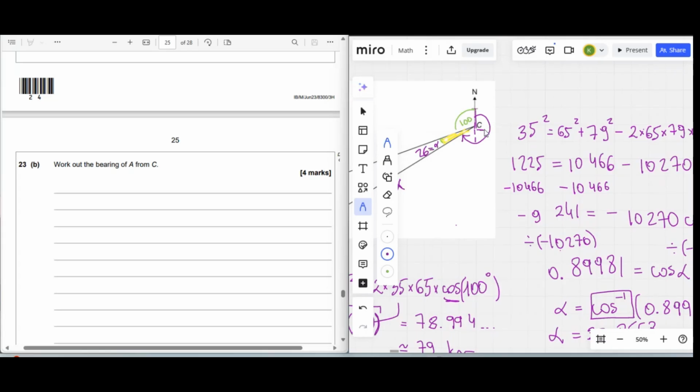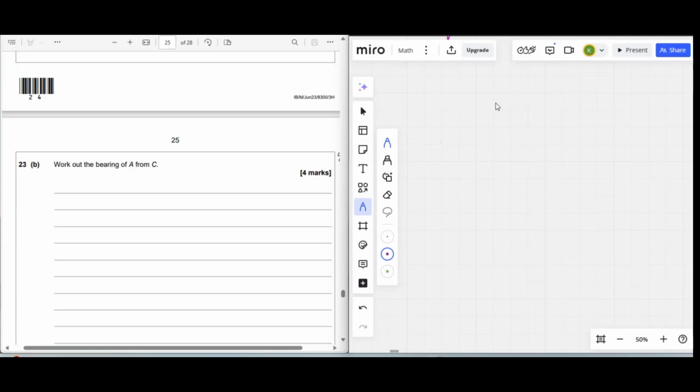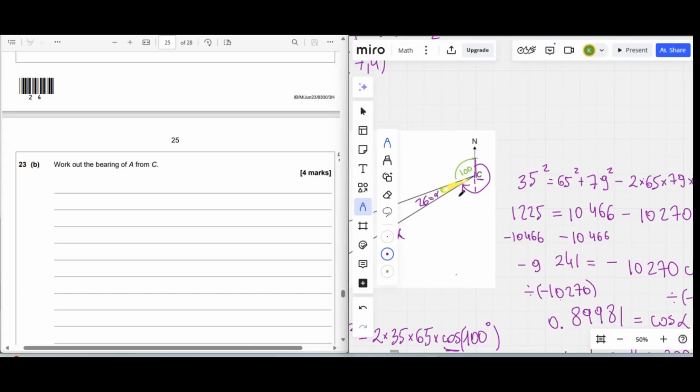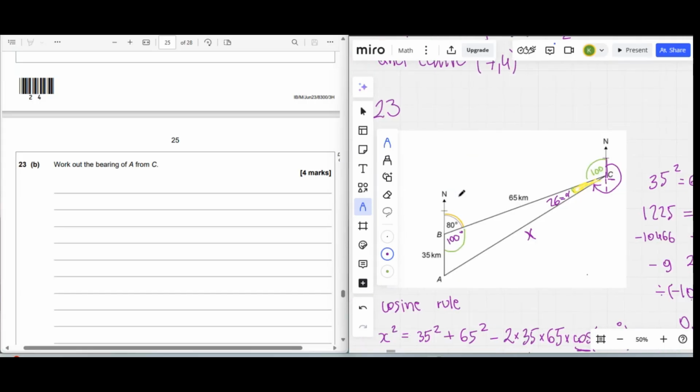26. And thanks to that, our bearing will be the whole circle, 360 degrees, minus that 100 that is known from where we have two parallel lines crossed by a third line.